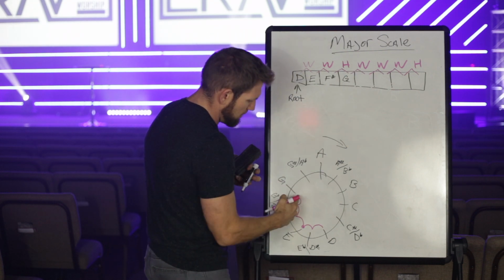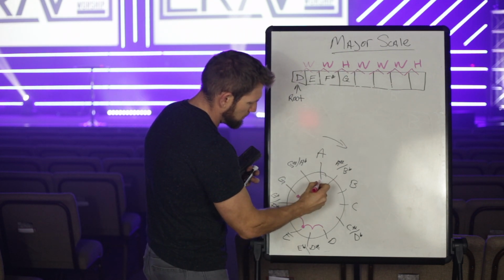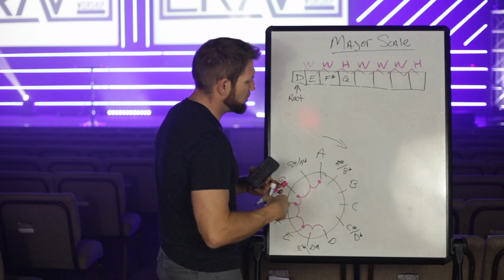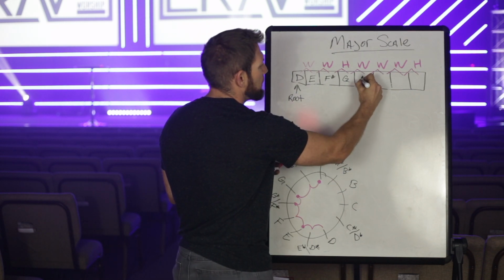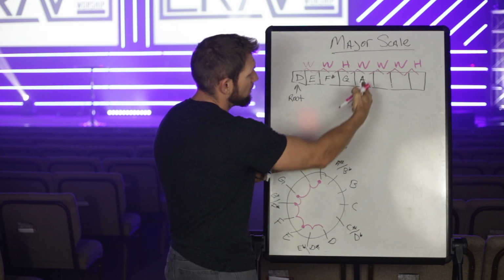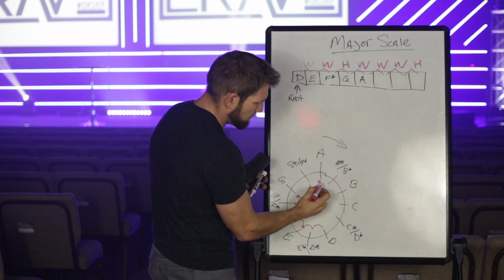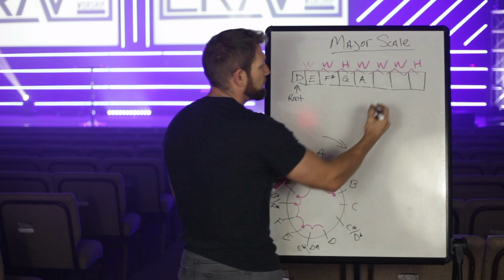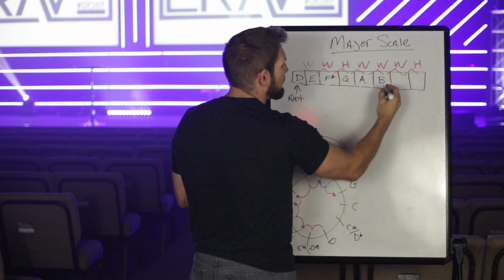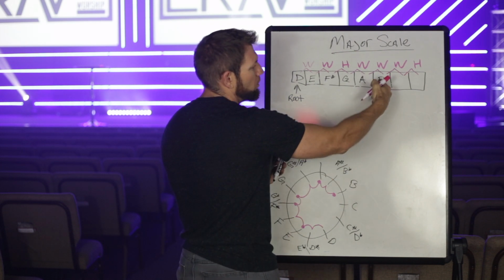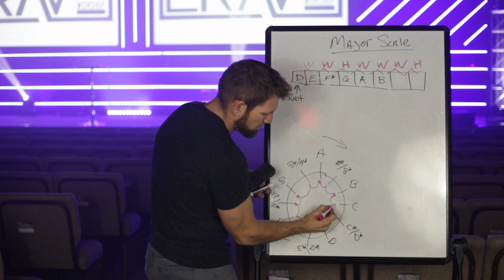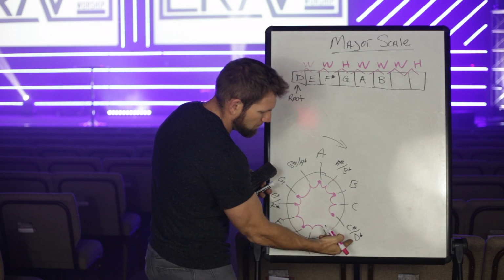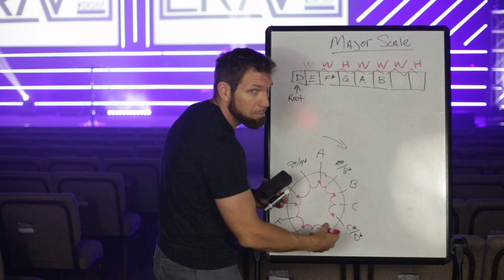Now one whole step from G, which is A. One whole step from A, B. One whole step from B, which is again C sharp or D flat.